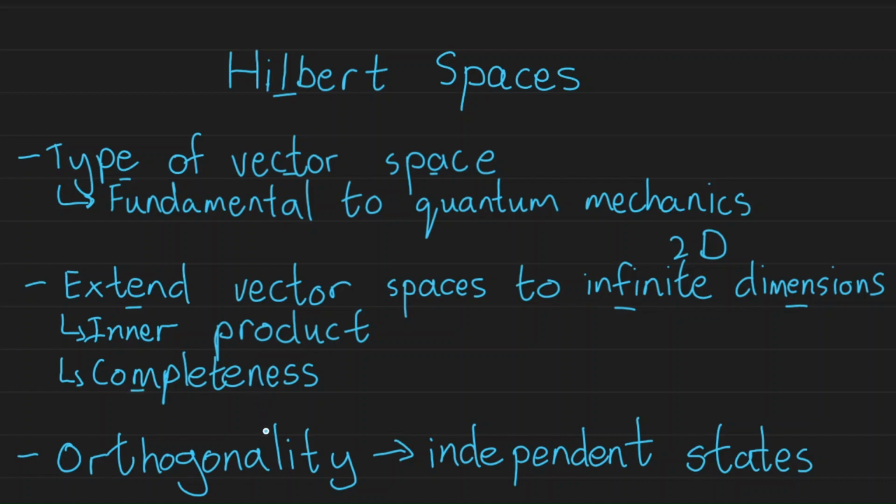What completeness means is that we have any sequence of vectors, and this sequence of vectors will approach a limit. And this limit must converge to a point within that space.